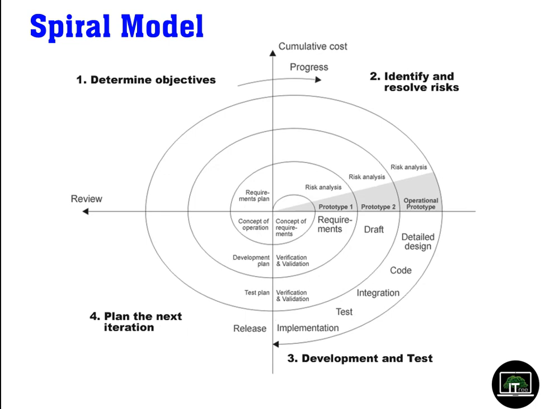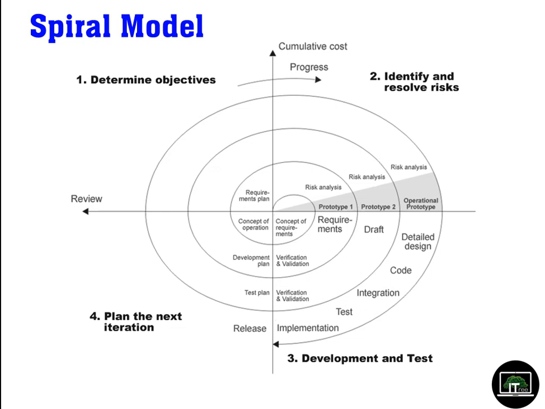Spiral model. This has 4 steps. First we determine the objectives, then we identify the risk and resolve it, then we do the development and testing, then we make the plan of the next iteration.